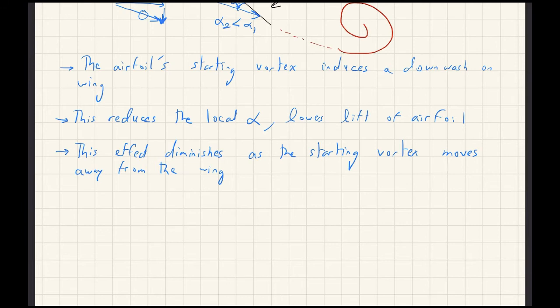And when it moves away from the wing, CL asymptotes to 2 pi alpha. So once this starting vortex moves away from the wing, the coefficient of lift approaches the steady state condition that is given by steady state thin airfoil theory.